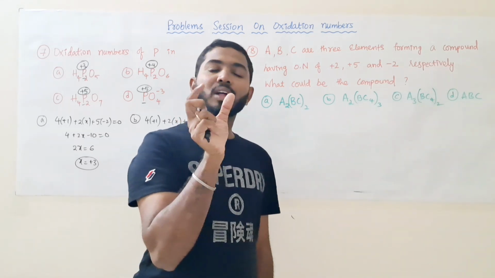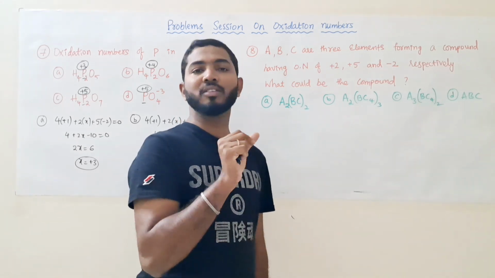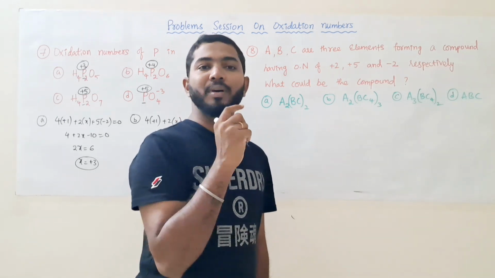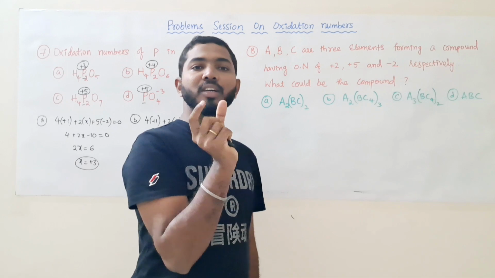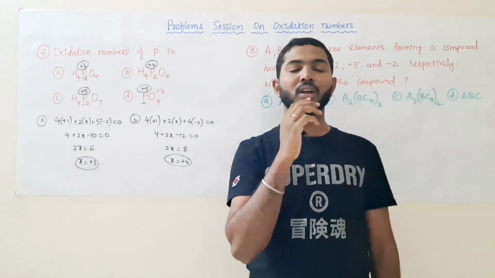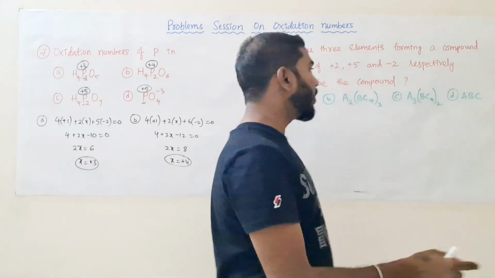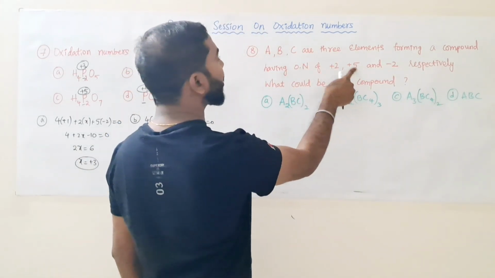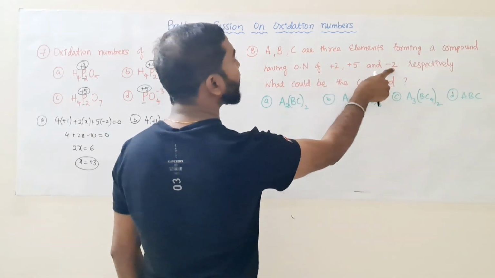When we have the oxidation numbers of all the elements in our compound, what we know, as I gave you a particular point, is that the sum of oxidation numbers of all the elements in a molecule or a compound is equal to 0. A's oxidation number is +2, B's is +5, C's is -2.